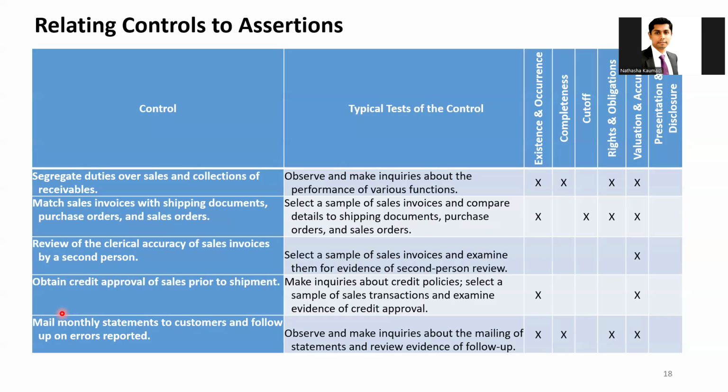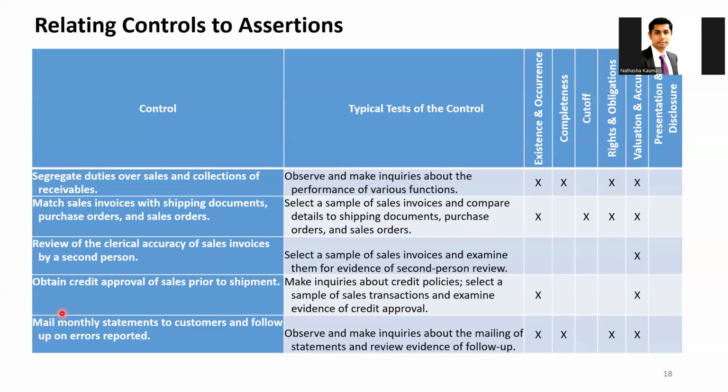First of all, you have a chat with maybe the credit controller or the finance manager to understand the process, and then select a sample of sales transactions and examine evidence of credit approval. Whether there are board minutes, meeting minutes, or some reports filed showing that these customers have been given these credit limits. So you go and check the evidence.